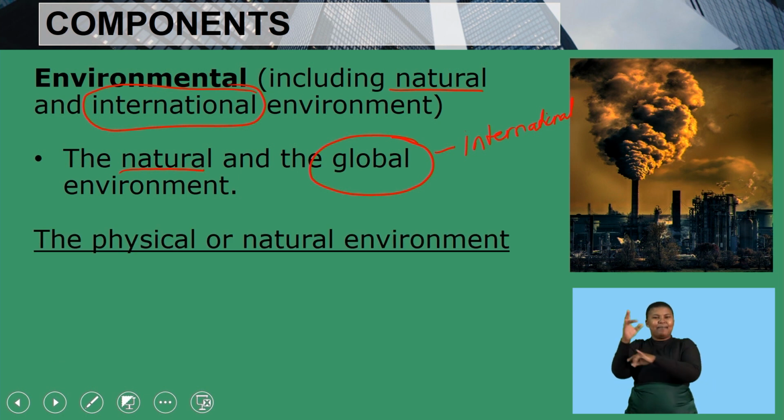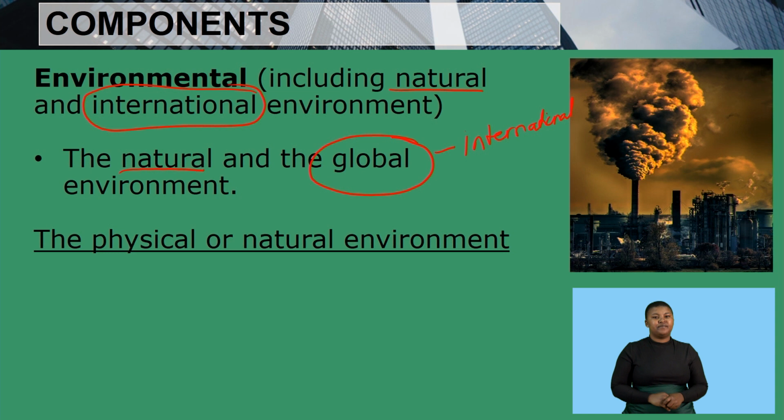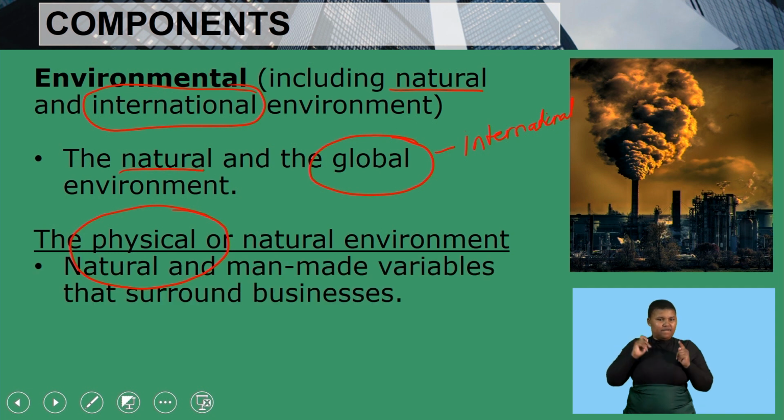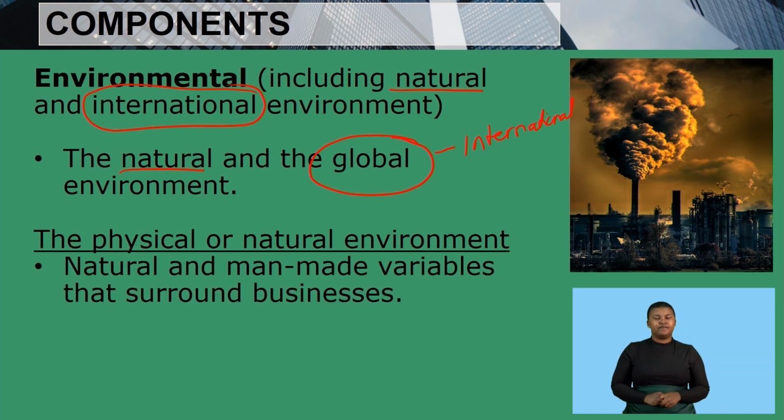So let's take a look at the natural environment first. Now, we are talking about natural environment, but it can also be referred to as the physical environment that has an influence on your business. So when we speak about natural environment, it's any natural or man-made variables or resources that surround the business or are used inside of the business.